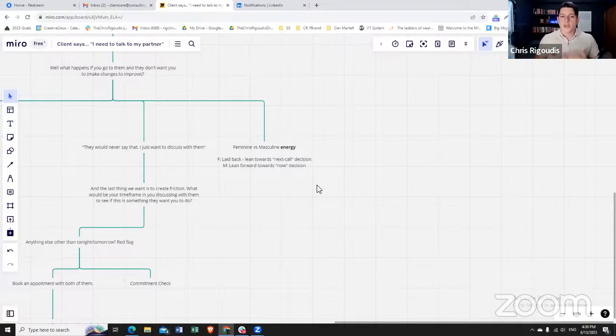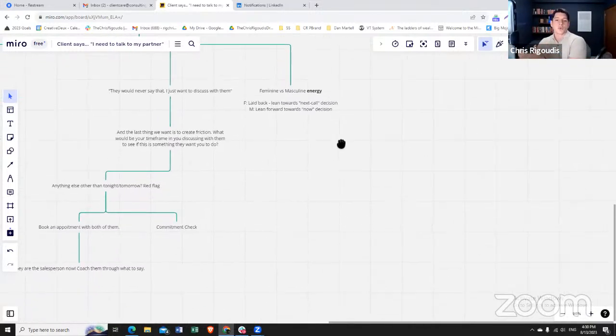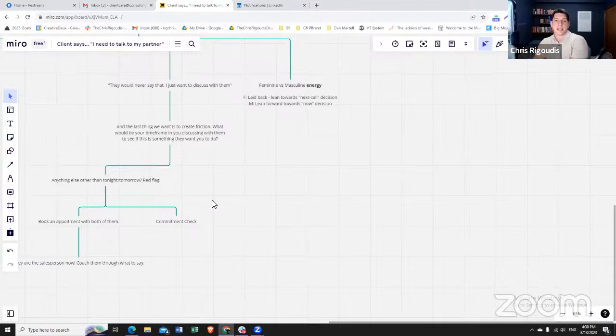But depending on what I detect during the call, if I sense a lot of feminine energy, I want to be a little bit more laid back and lean towards the commitment check and a next call decision and not pushing them. If I detect masculine energy, I want to lean towards a now decision.